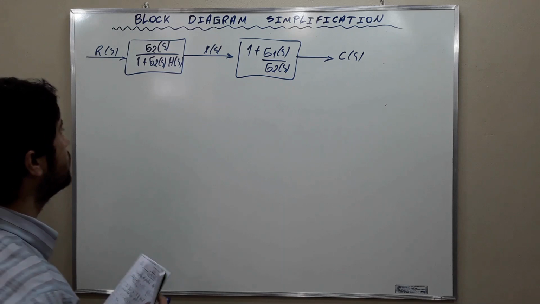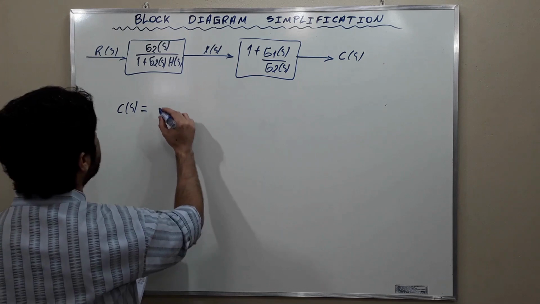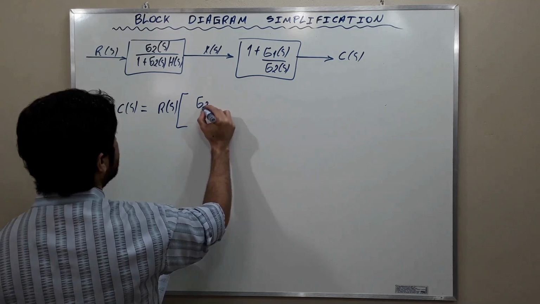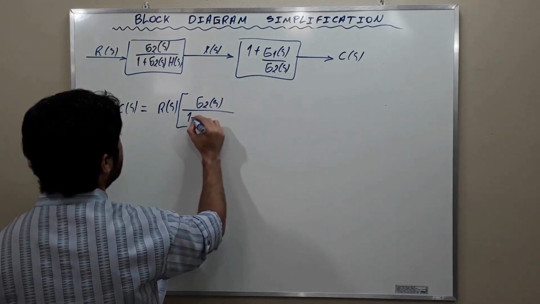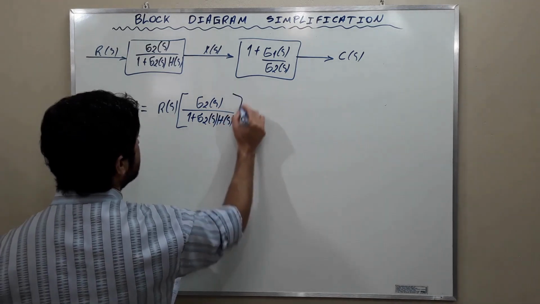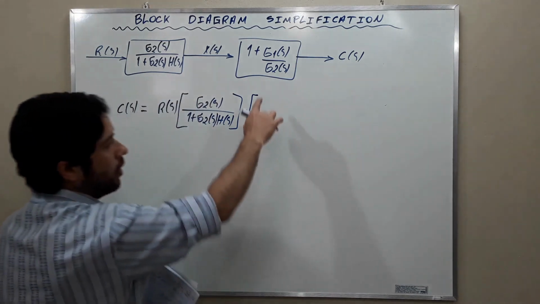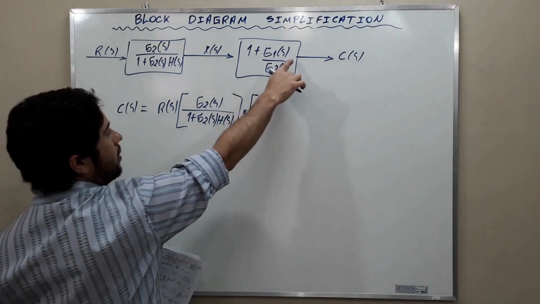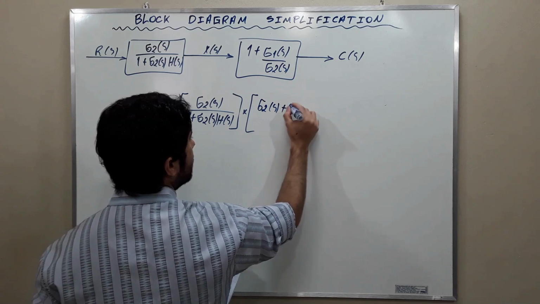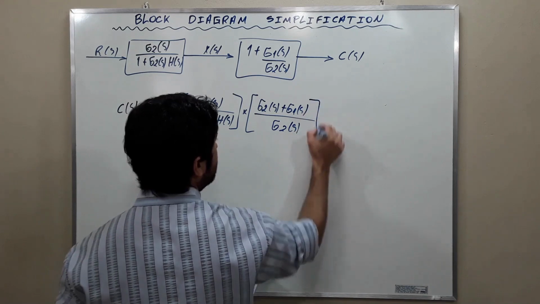So C(s) is equal to R(s) multiplying G2(s) over 1 plus G2(s)H(s) times, I multiply this by this and add G1(s), it's G2(s) plus G1(s) over G2(s).